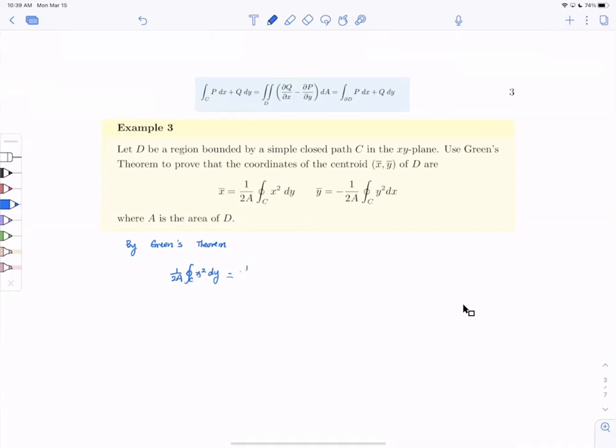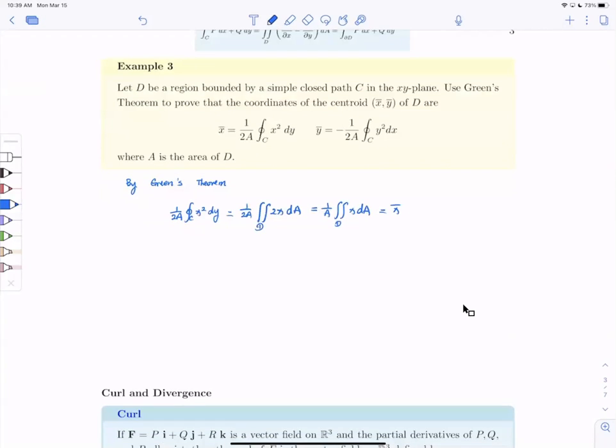So that's going to be 1/(2A) times the double integral over D, and Q is x squared, so take the partial derivative, that's going to be 2x dA. Then you can factor out the 2 and cancel with this 2, so that gives you 1/A times the double integral over D of x dA, which is our x bar.